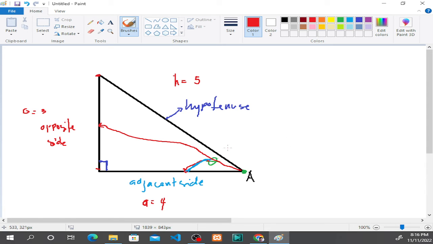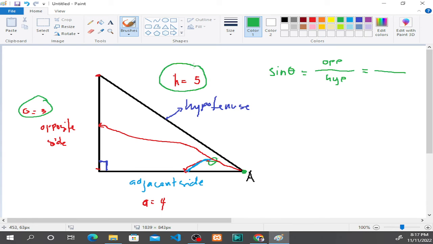We are sure that's actually a right triangle. So sine theta is opposite over hypotenuse, and that's equal to 3 over 5.